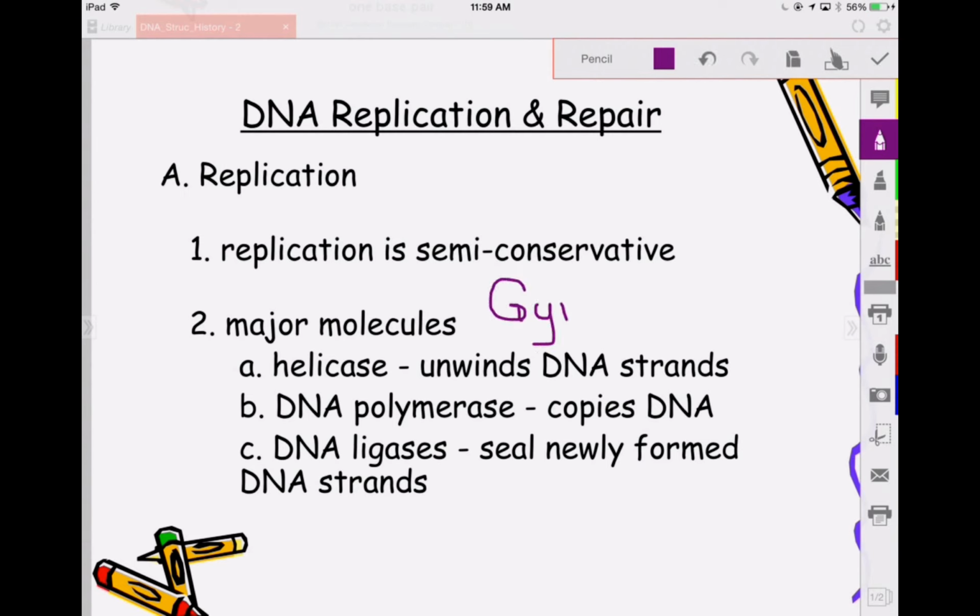Now, gyrase's role is to untwist the DNA helix. Because DNA uses the twist to compress the overall size of the molecule, it becomes very, very small.